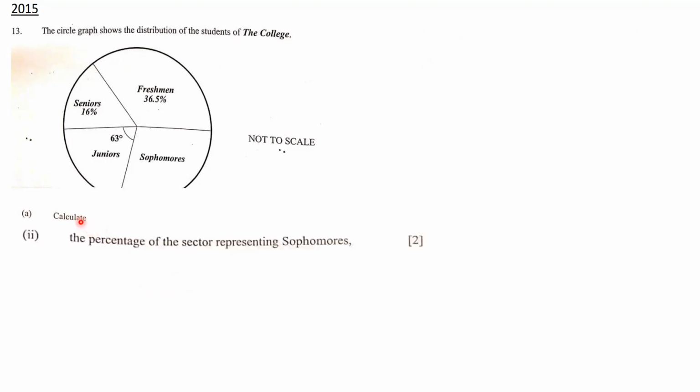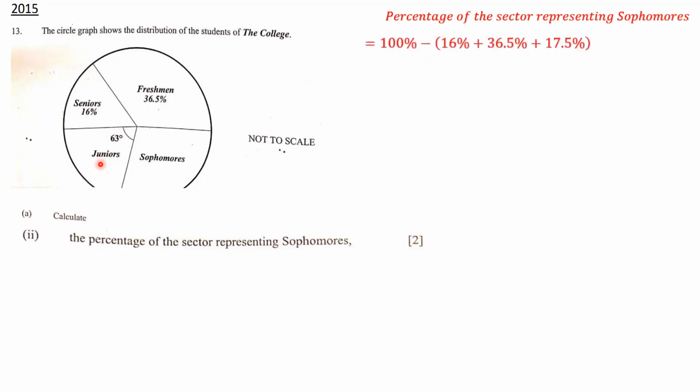It says calculate the percentage of the sector representing sophomores. We already know that juniors is 17.5%. We knew that from the previous question. So that means that the percentage of sectors representing sophomores is going to be 100 minus the 16% from seniors, the 36.5% from the freshmen, and the 17.5% from the juniors. And we know that because the juniors had 17.5% based off of our previous calculation.